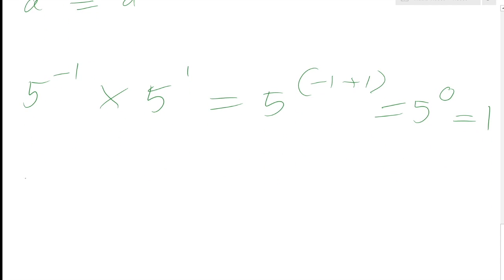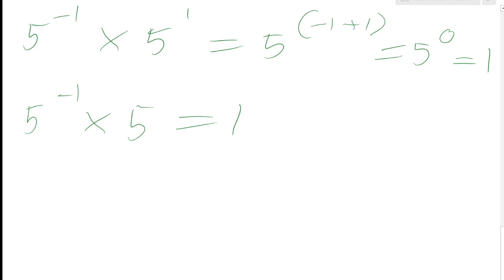So we then get that 5 to the minus 1 times 5 equals 1, and again, if we divide by 5, you can do this, by the way. If you have an equation, you can add the same thing to both sides of the equal sign, subtract the same thing, multiply the same thing, divide by the same thing. This is the very basics of algebra, which I will cover in a later video.